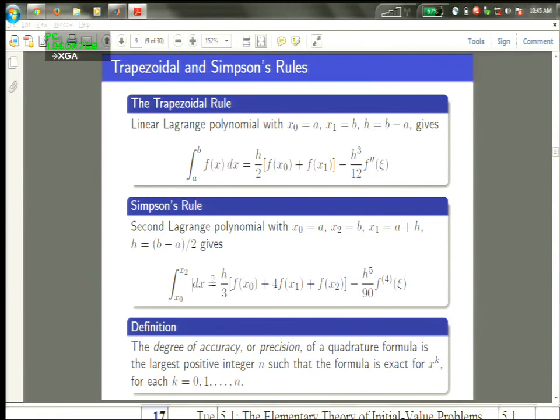This is the final conclusion. And again, if you don't like that it's from minus h to h, use a standard calculus property of integrals and move it to wherever you want it. And in general, we will, of course, do that and write it in this form.